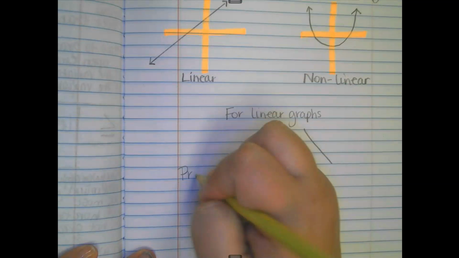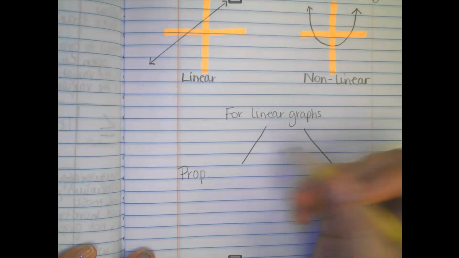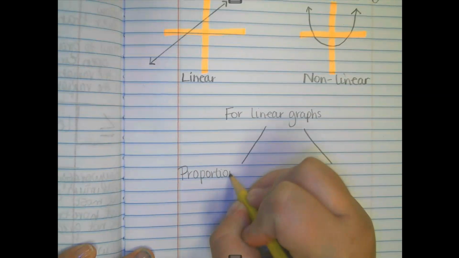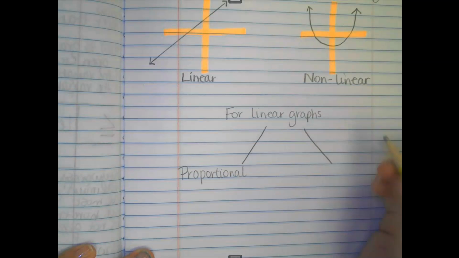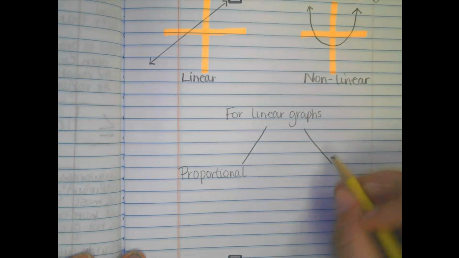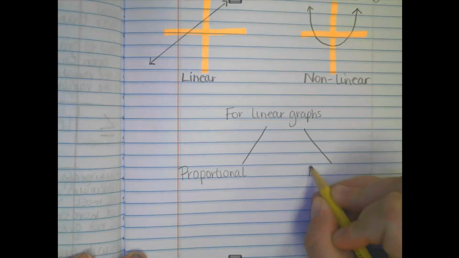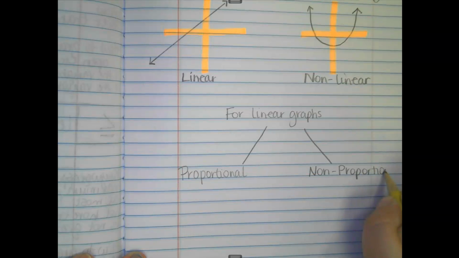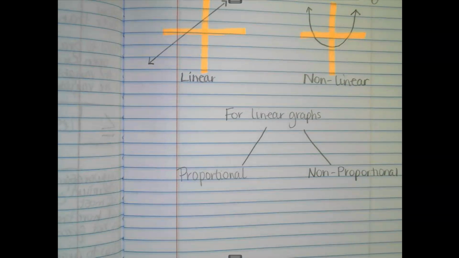Now, if you say, that sounds a little bit familiar, it should, because you learn about proportions in 6th and 7th grade. Now, we don't look too much at proportionals because they expect you to know it. And then the other one is non-proportionals. So they do expect you to know what proportionals are by 8th grade. So we're going to do a little bit of review as we come across them.